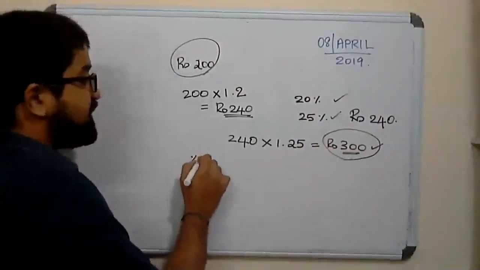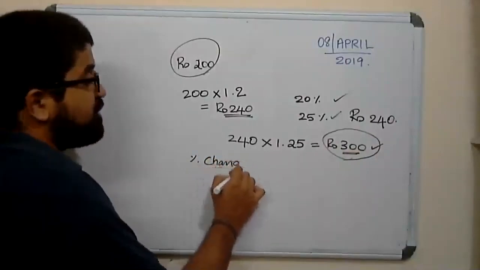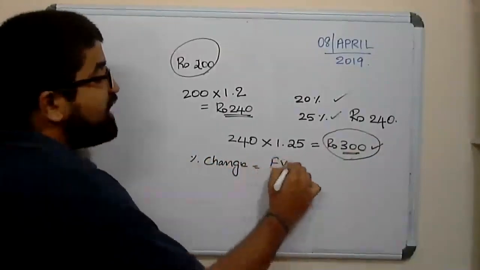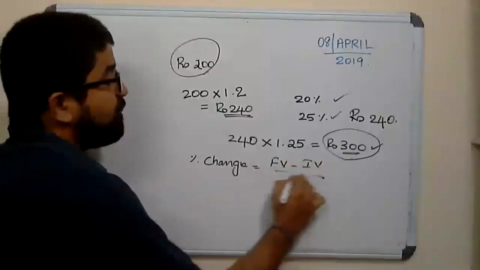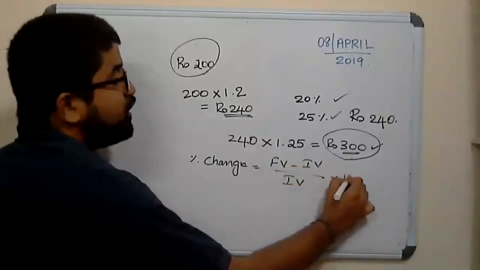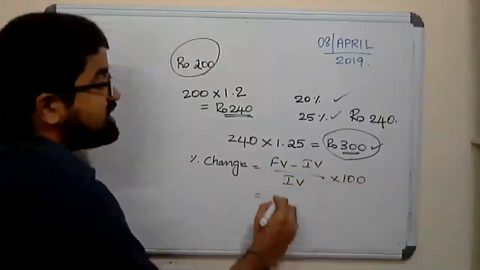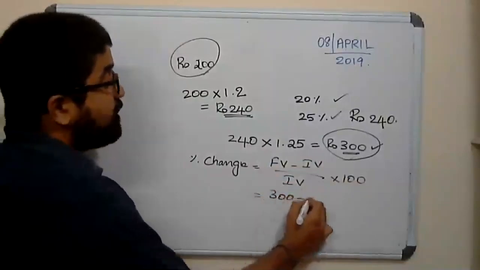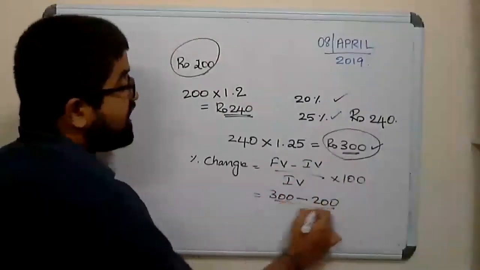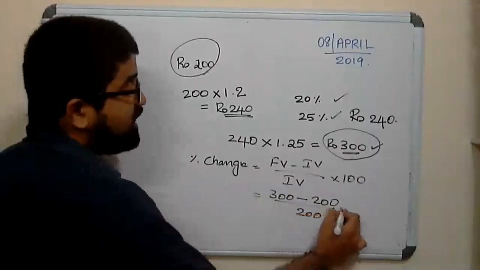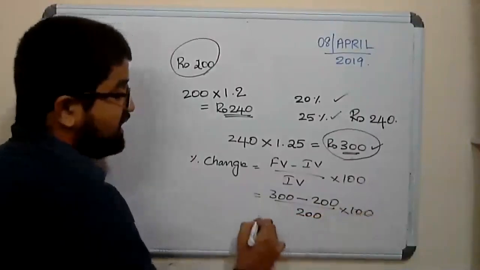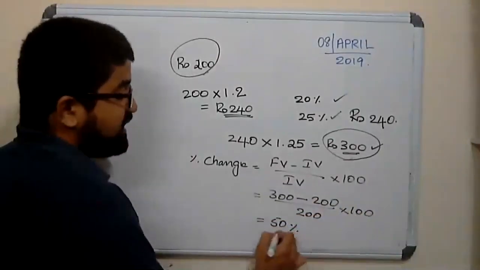So we can see that percentage change is given by the equation (final value minus initial value) upon initial value into 100. In this case, it comes to (300 minus 200) divided by the initial value, that is 200, into 100, and this comes to 50 percentage.